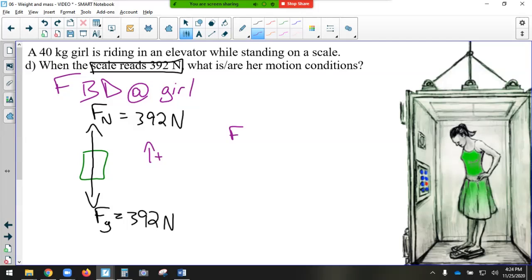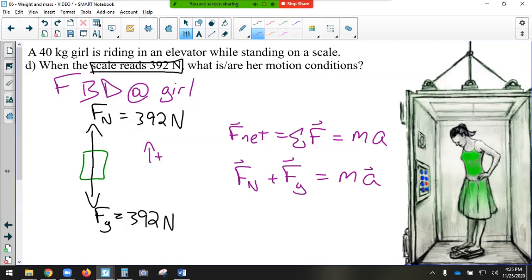So if I go to do my net force, which is the sum of all forces, equal to her mass times her acceleration, her normal is 392 newtons going upwards, so I leave it as a positive.